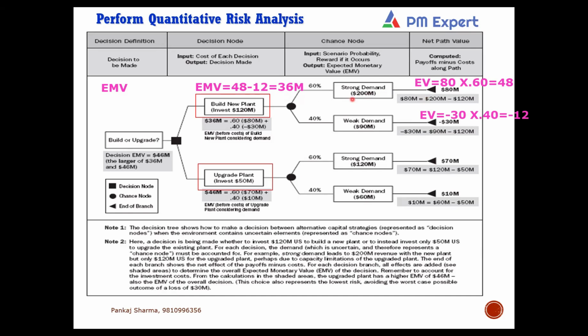We are doing it when uncertainty is involved, against the benefits. So calculating EMV is not tough or tedious. You are simply doing probability and impact. But the most important and most tedious part is to arrive at these values, 60% and 200 million, based on your predictive analytics and the model you built.